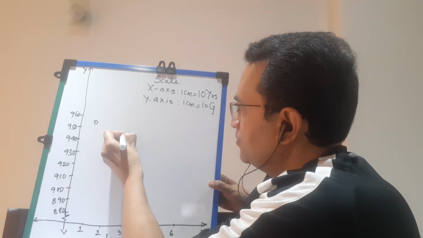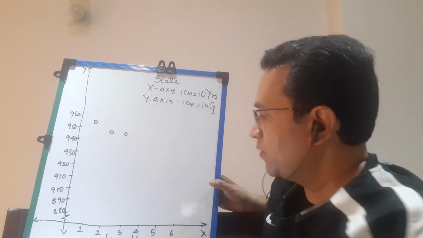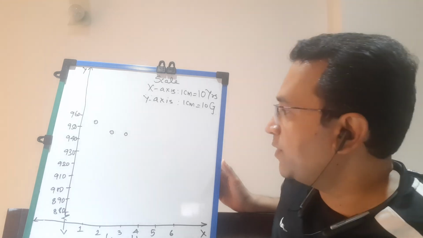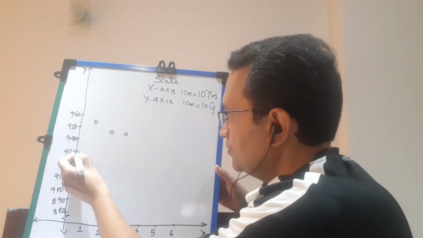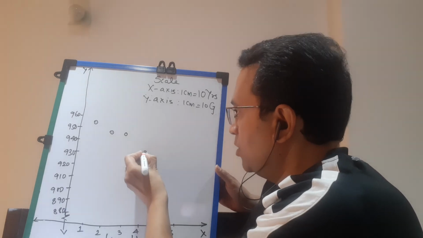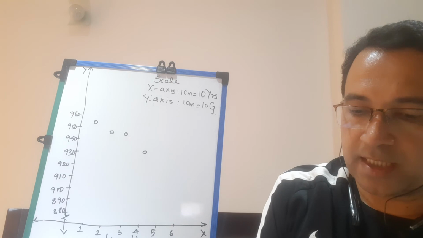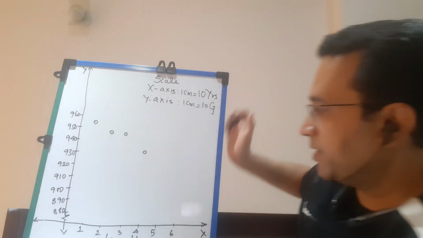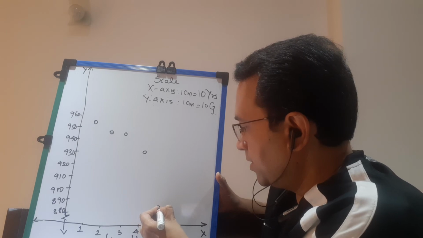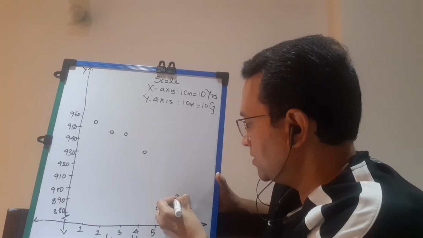Almost same, little below. For t is equal to 4, it is 928. Little below 930. For t is equal to 5, it is 883. And for t is equal to 6, it is 890 exact.